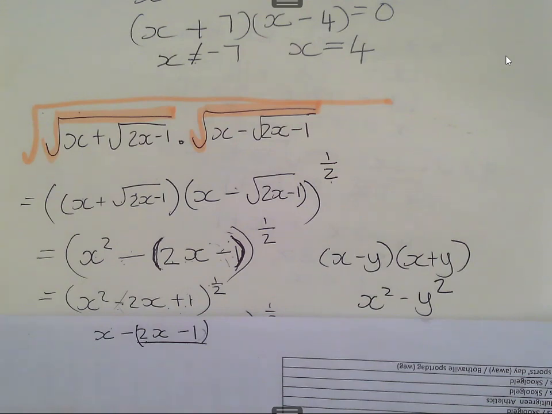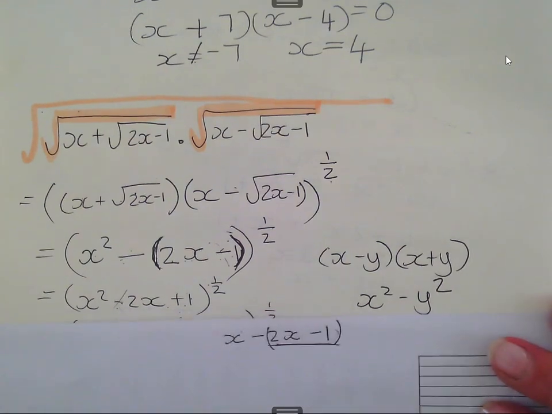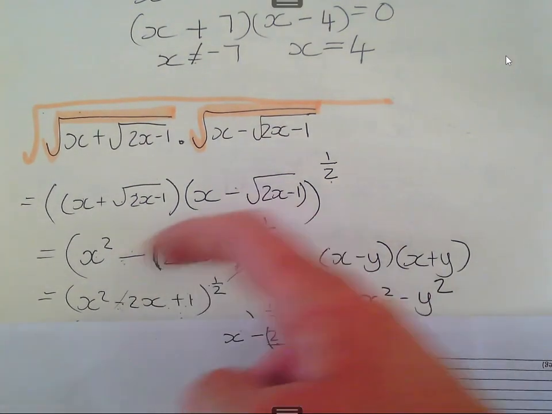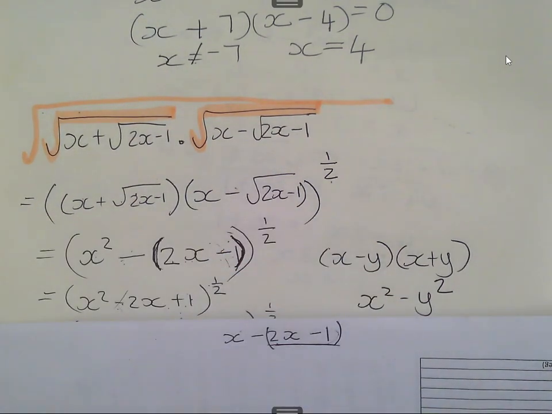Who has a plan for me? What can I do with x squared minus 2x plus 1? What can I do? Can I take that half and multiply it in? No. You can only raise a power when it's one term inside of the bracket.